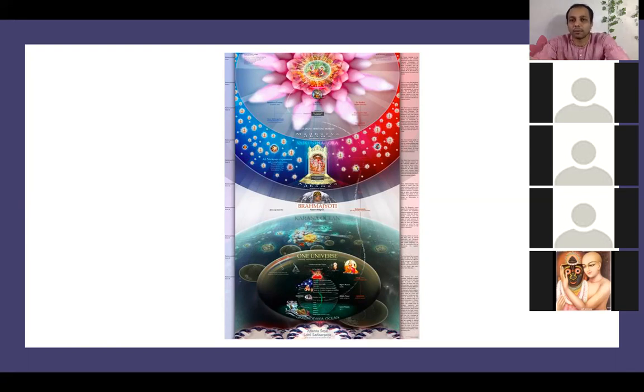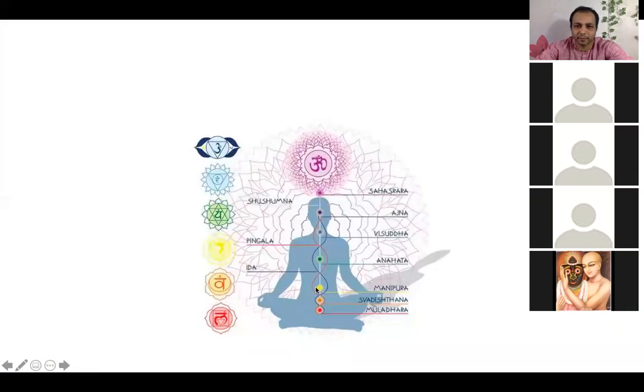So as you go in the upper planetary systems here, the level of gross elements reduces, and the subtle elements increase. So gross elements reduce and subtle elements increase.